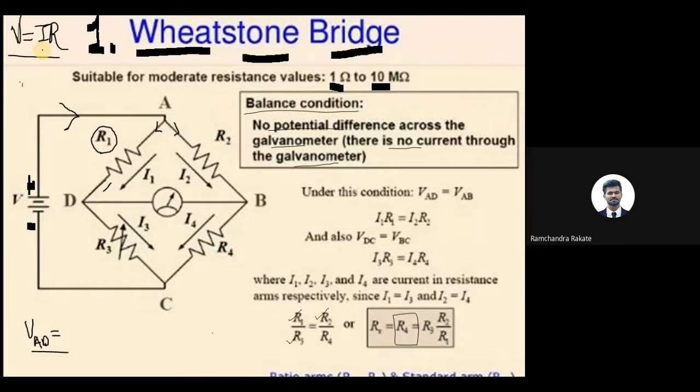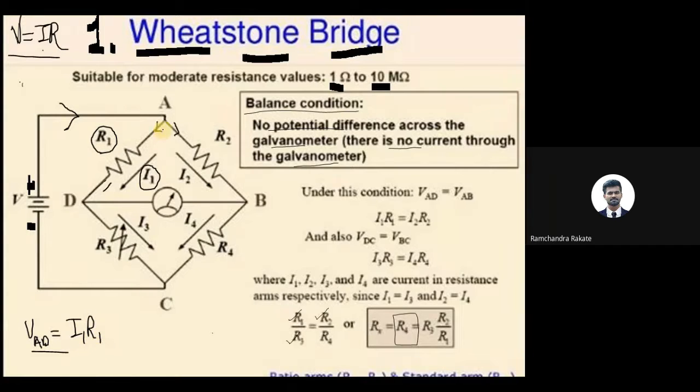V is equal to IR. So here I is nothing but I1, correct? And resistance is nothing but what? R1.